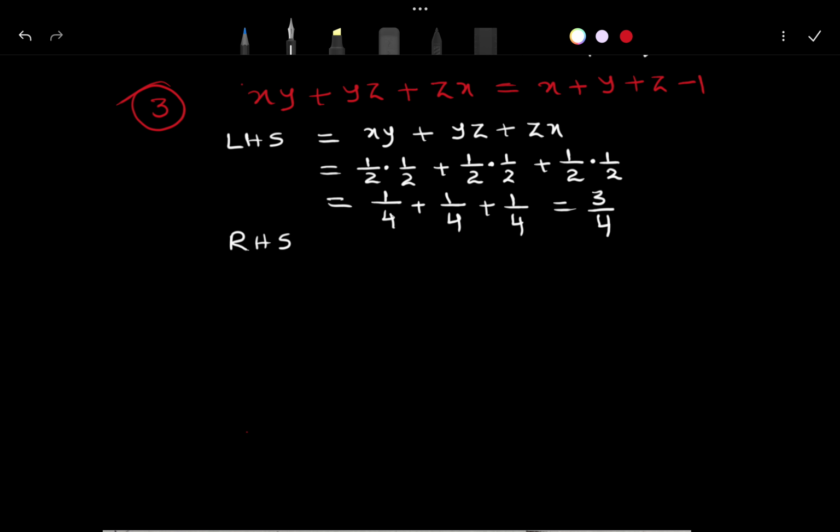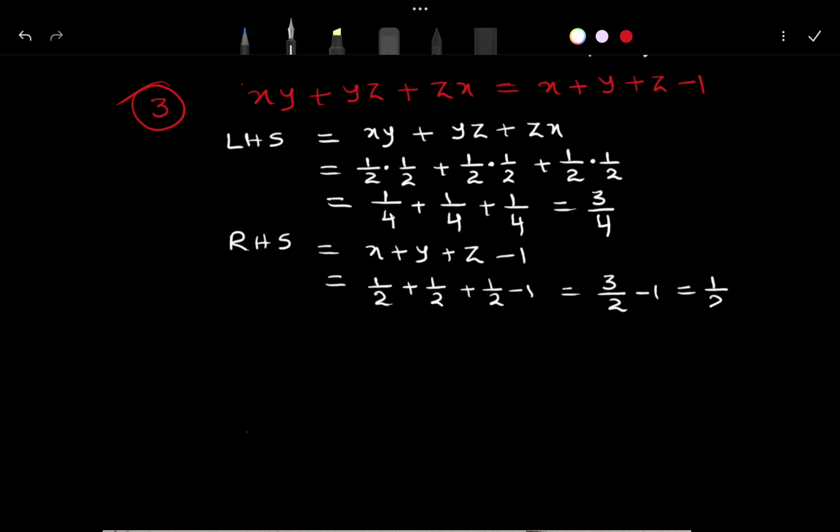Now check the RHS value. RHS is x plus y plus z minus 1. That value will be 1 by 2 plus 1 by 2 plus 1 by 2, minus 1. So this equals 3 by 2 minus 1, which is nothing but 1 by 2.